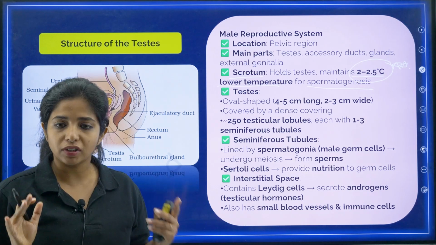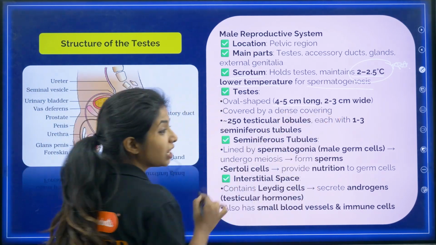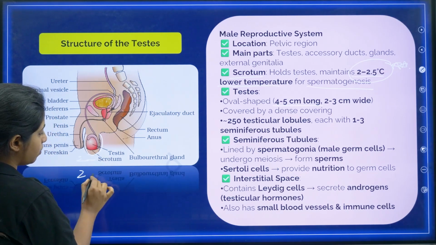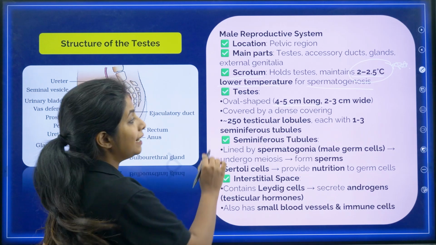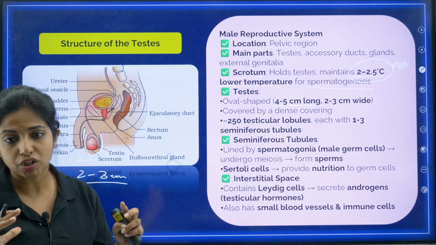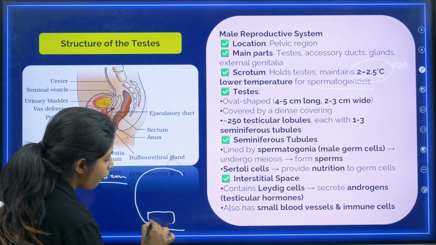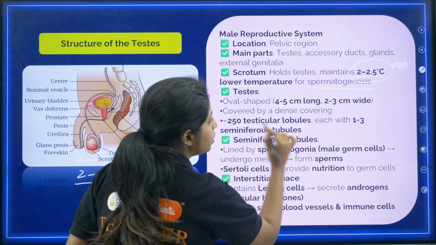Now, what is the shape of the testis? The testis is oval shaped, my dear children. It is 4 to 5 centimeters long and 2 to 3 centimeters wide, and it is covered by a dense covering. If you get inside the structure of the testis, there are almost 250 compartments which you call testicular lobules.